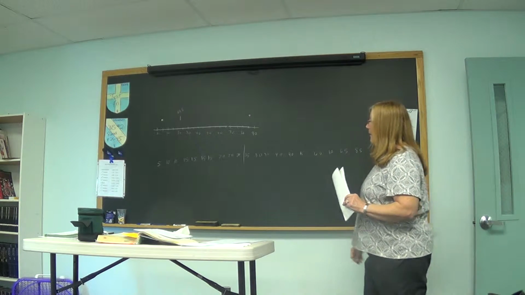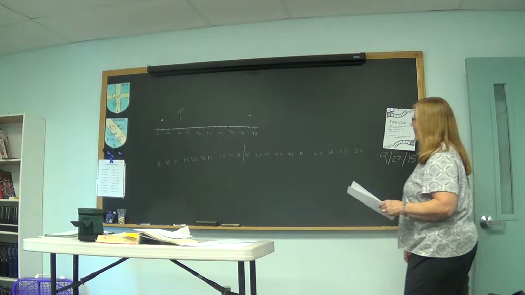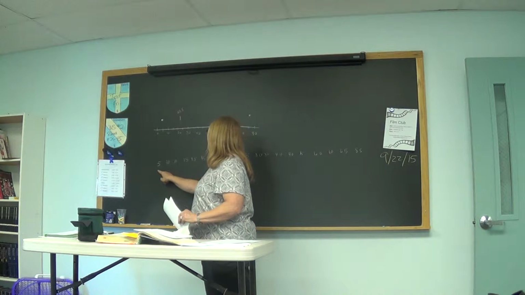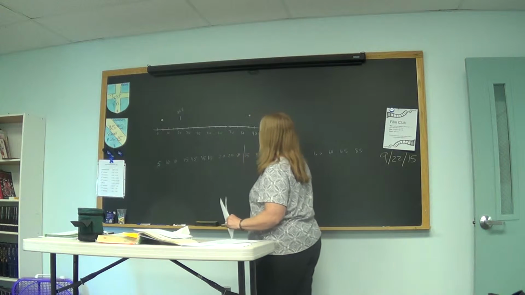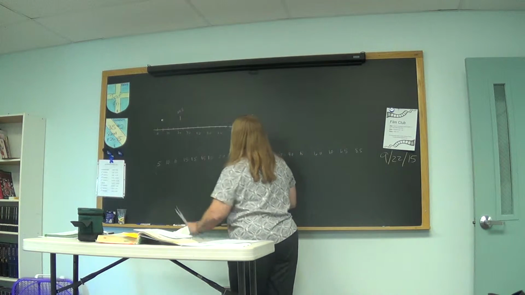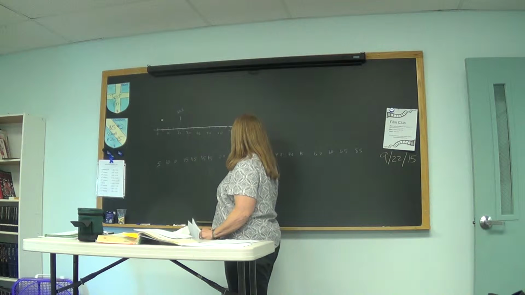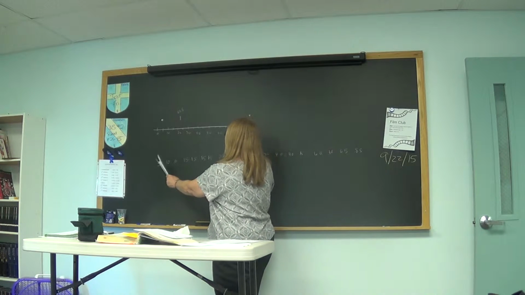All right, now that I have them up for you, count the first half. There's 10 here. So what number ends up to be the median of the first half? So we're only looking at these. There are 10.